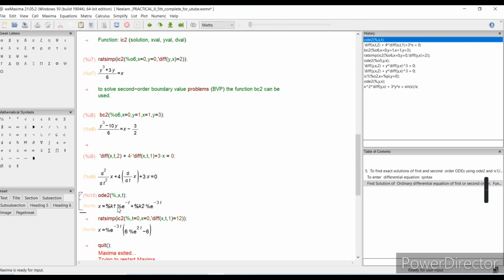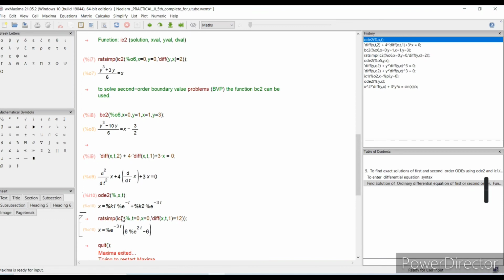Now we want to find these two constants K1 and K2 using the initial value problem. So here the initial value problem is, you can write ic2 here. What I have done is, I want to find the constants K1 and K2. I am putting here x at 0 is 0 and dx by dt at 0 is equal to 12.